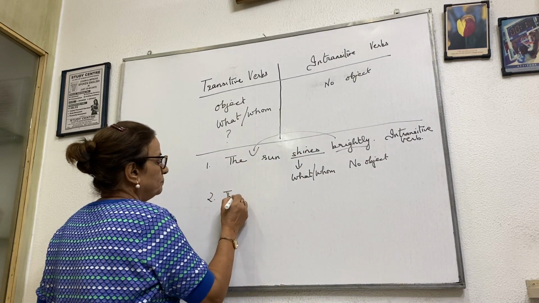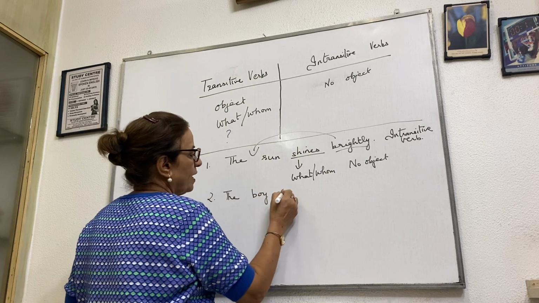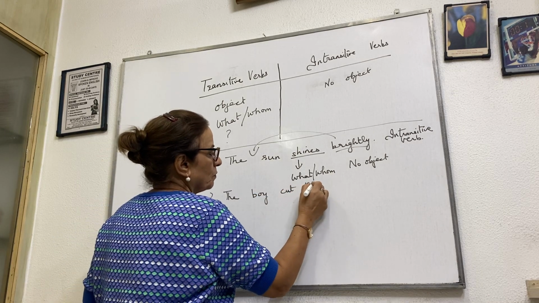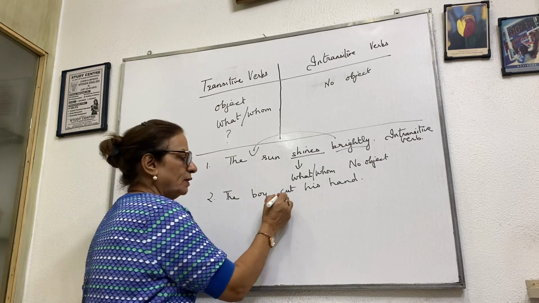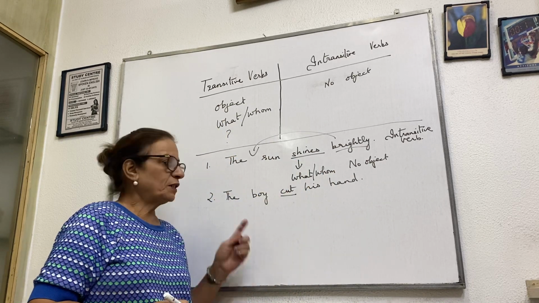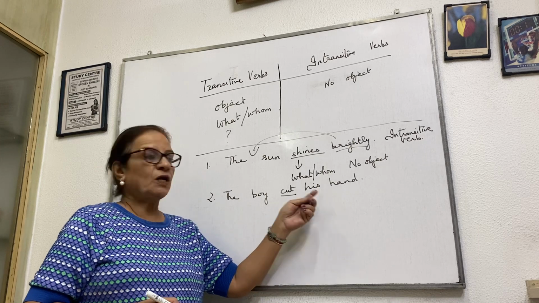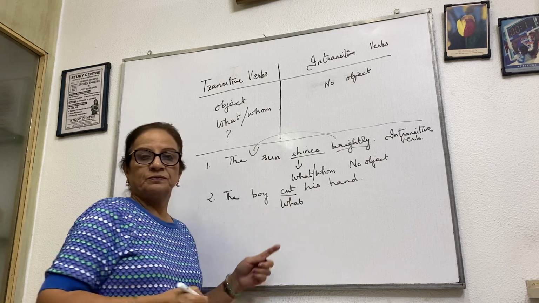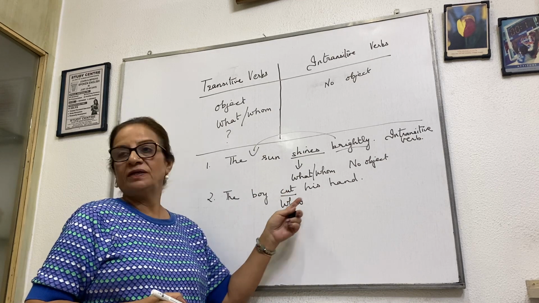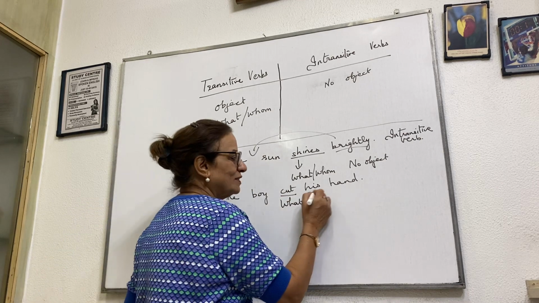The boy cut his hand. Now identify the verb: cut. The boy cut his hand. Now ask the question: cut what? His hand. So this is the object.